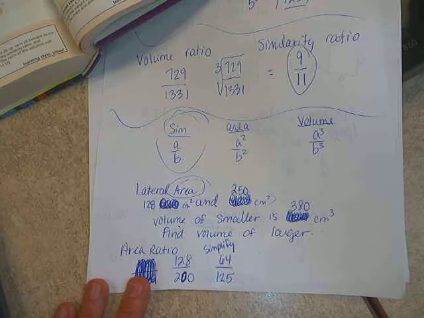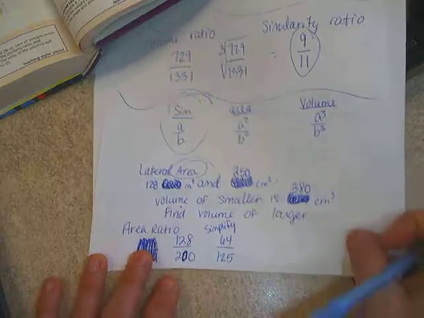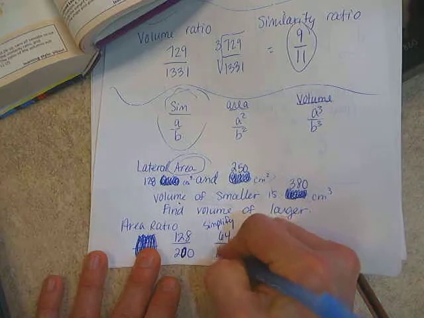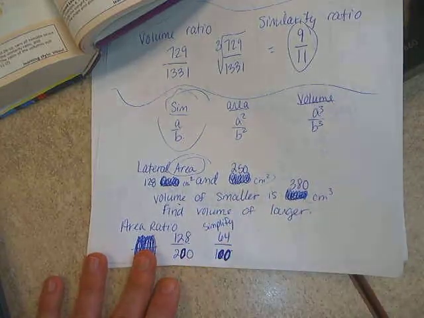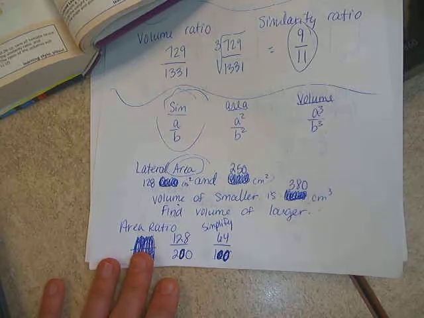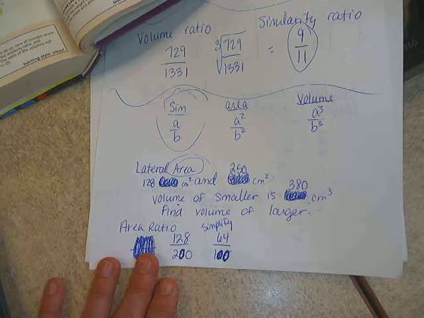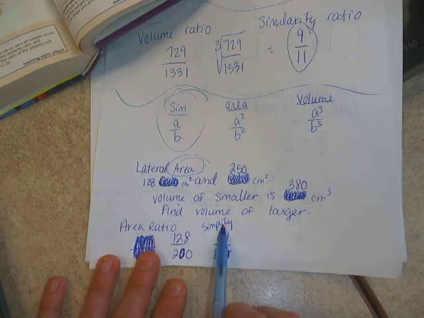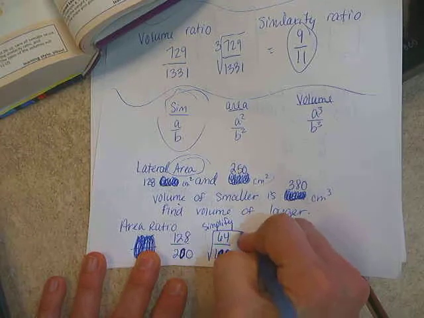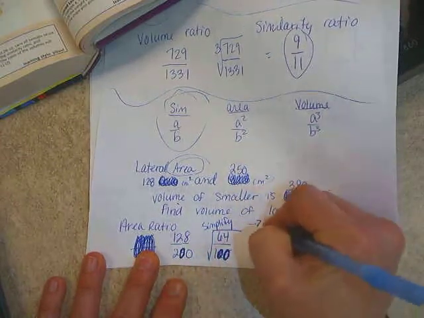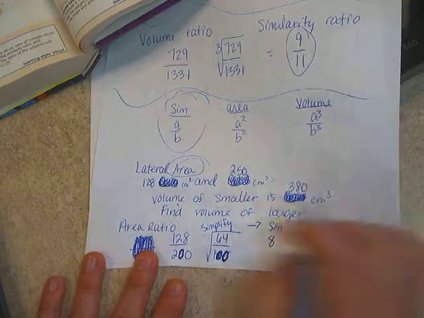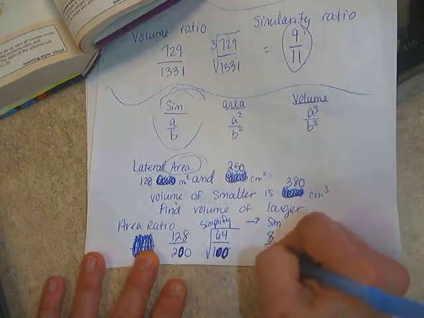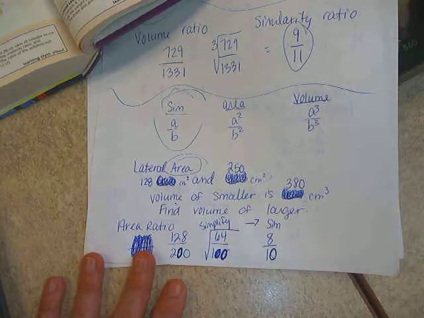Sorry, that's still not a great one. Change that to 200, I want to make this one as easy as possible. So 200, so this will be 100. All right. So these are perfect squares, yes?